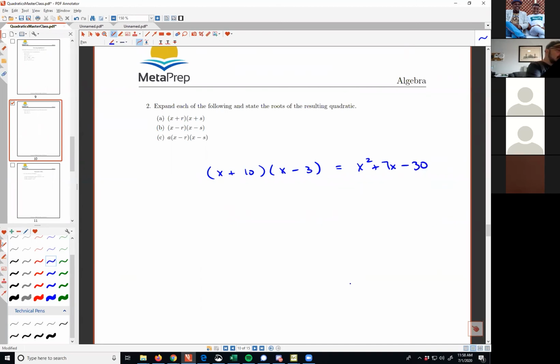Now, let's take a look at where all these pieces come from. Well, that 7 came from 10 plus -3, and that -30 came from 10 times -3. So in general, what we're trying to do in factoring is find two pieces that make a sum and a product as we want them.